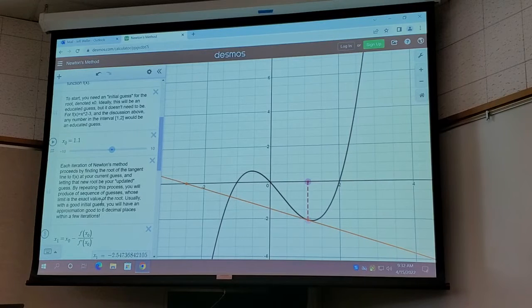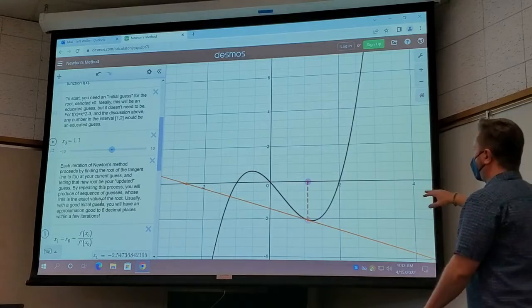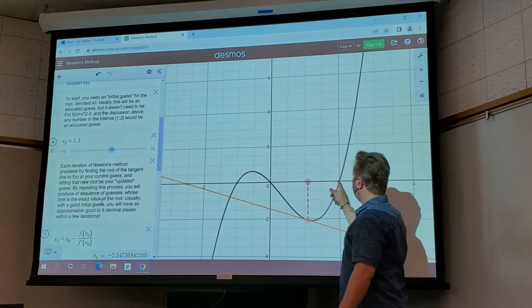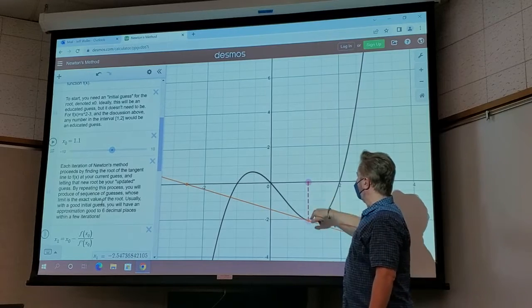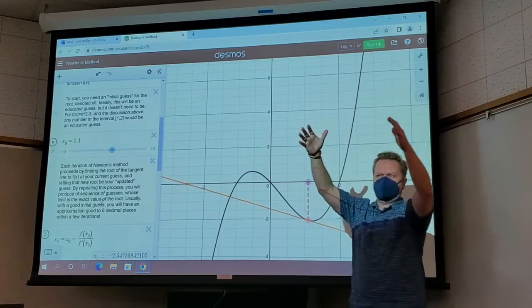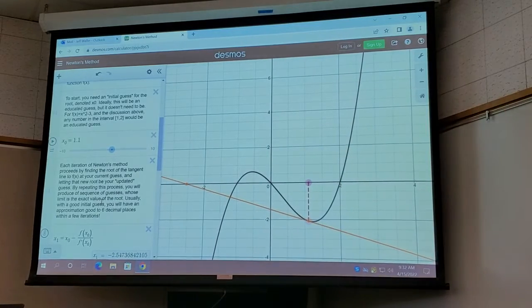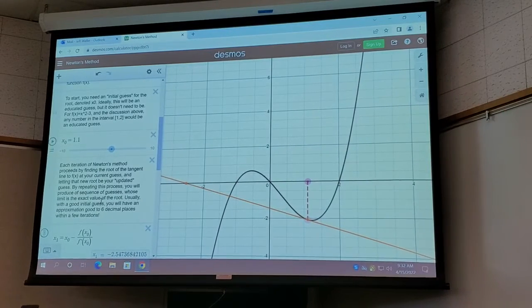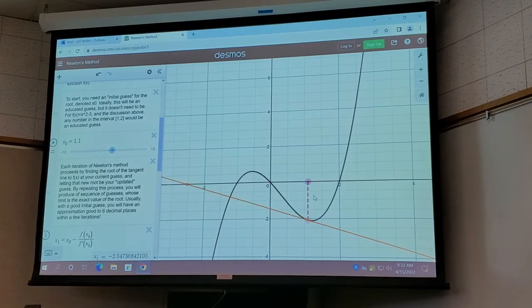This is a quick example of how, even if your first guess is halfway, you're still not going to get that answer. So your first guess has to be pretty decent. So let's improve our first guess a bit.